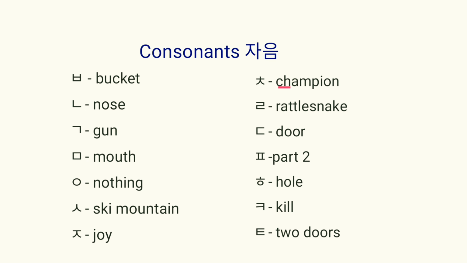So here is a hands raise, so we'll take a champion. This is a rattlesnake and we'll talk about it later. This is a door, the D sound. The next letter looks like a Roman number 2.